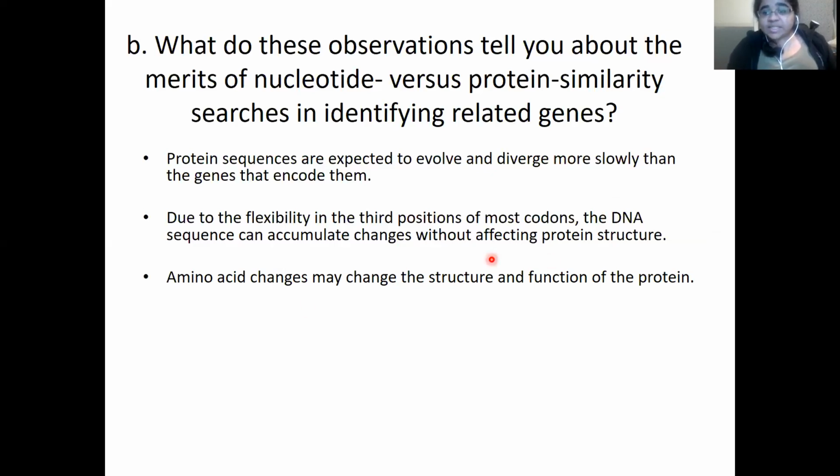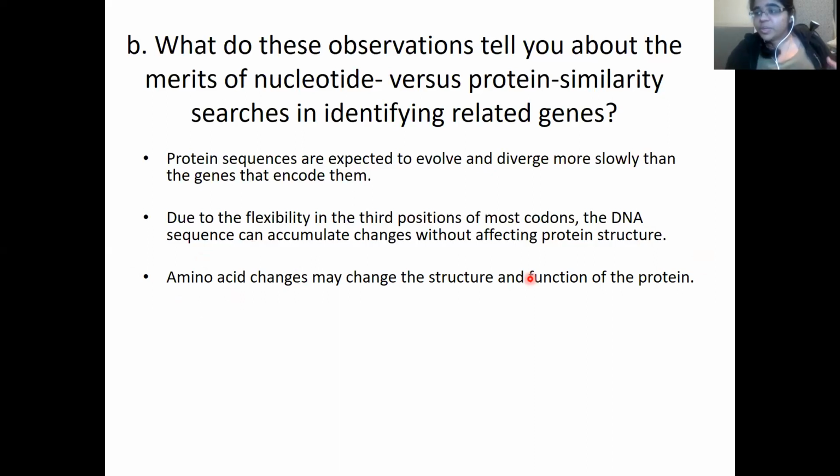These changes do not affect the protein structure itself, because it's not making any changes to the amino acid itself, right? If amino acids end up changing, that is what changes the structure and function of the proteins, right?